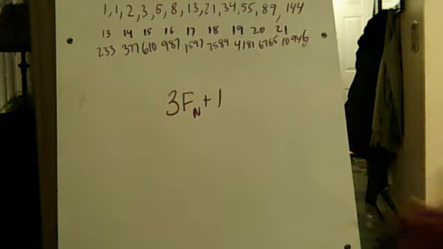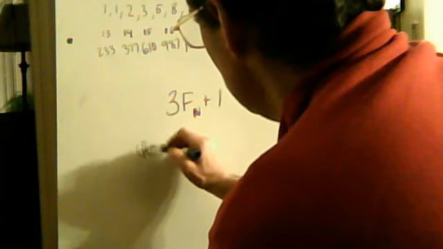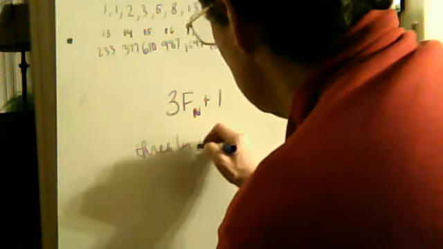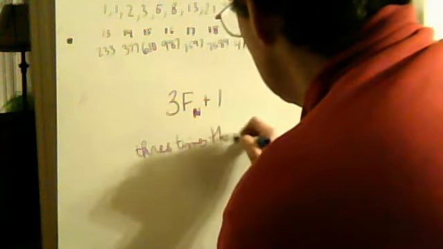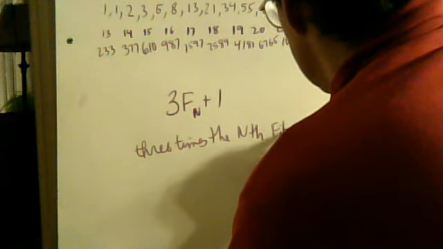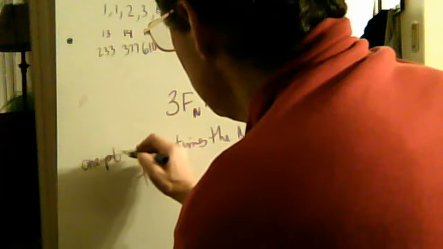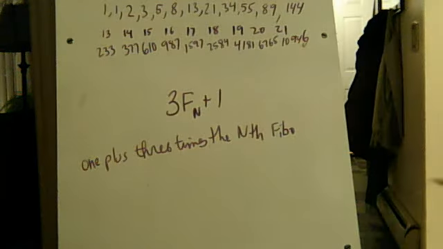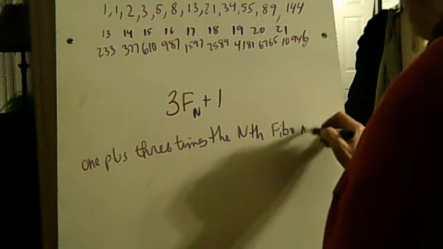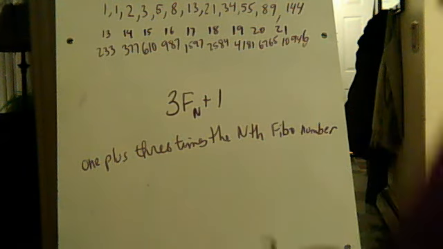In words, this would be 3 times the nth Fibonacci number, or I could do this, 1 plus 3 times the nth Fibonacci number. Okay, that's using words.